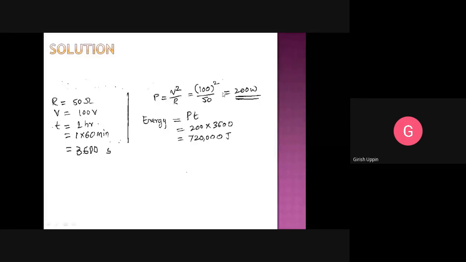Power is 200 watt, and energy is power into time. If it is 200 into 1 hour, then it would be 200 watt hour. If you want to represent it as kilowatt hour, you have to divide it by 1000. That becomes 0.2 kilowatt hour.